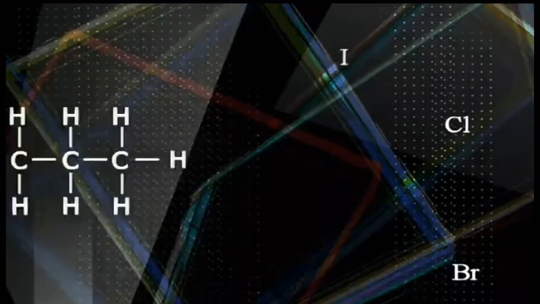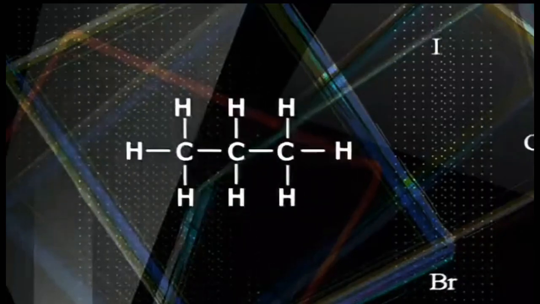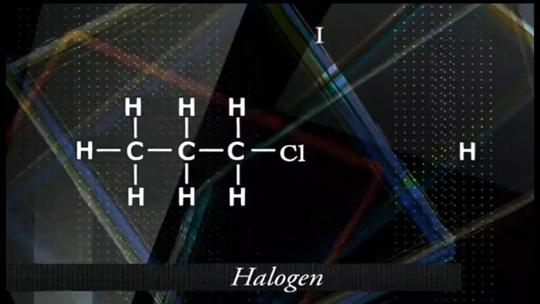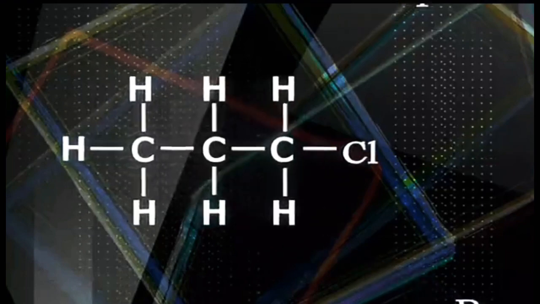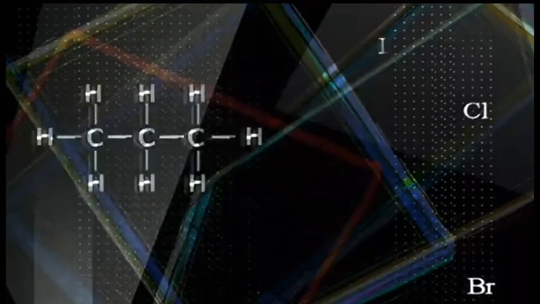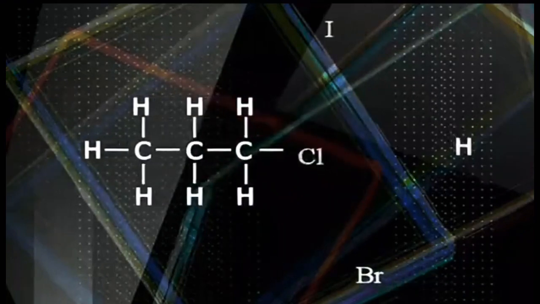Let us have a look at some important functional groups and their examples. This is an example of a haloalkane. The given formula represents chloropropane, which contains the halogen chlorine as the functional group. Chlorine, bromine, iodine, etc. are some important examples of halogens.